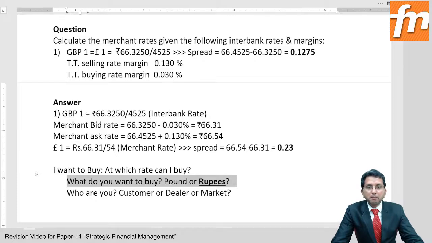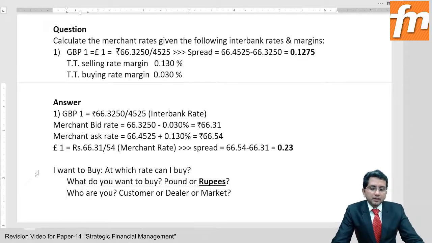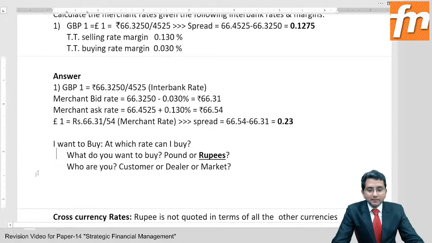If question says buy pound, fantastic, rate is given for £1. So think about buying pound. But if question says buy Indian rupees, then you won't think about Indian rupees because the rate is given for £1. Question says buy Indian rupees, it means sell pound. Think it like that. And then, are you a customer or dealer or the market, and if nothing is specified, you are the quote taker. Accordingly, you can decide rate.